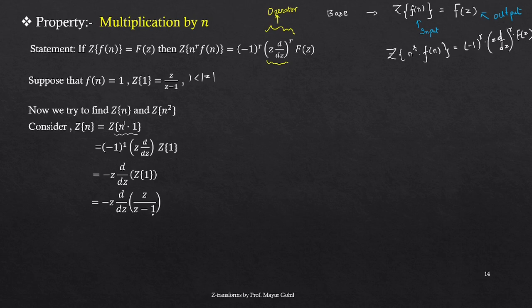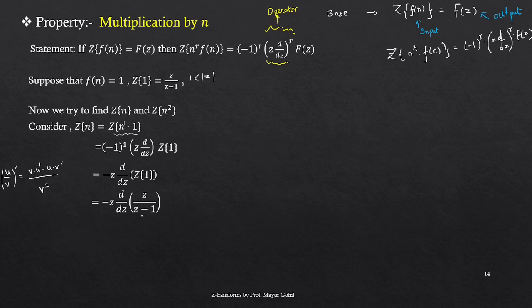Now we do the derivative. While doing the derivative, we need to remember the formula for the derivative of u by v: (v u dash minus u v dash) over v square.